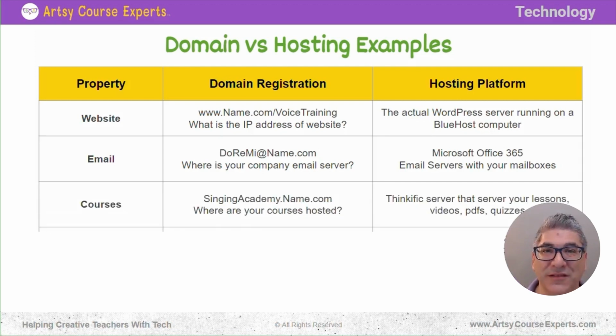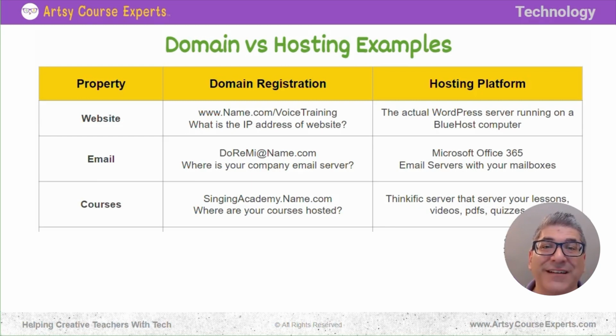Next up is courses. You might have a domain called singingacademy@name.com. When you try to access singingacademy.name.com, your browser is going to talk to your domain system and say, where is this course? I need to look this up. Hey, name.com, I heard you have a singing academy. Is that true? Can I have the record for that?